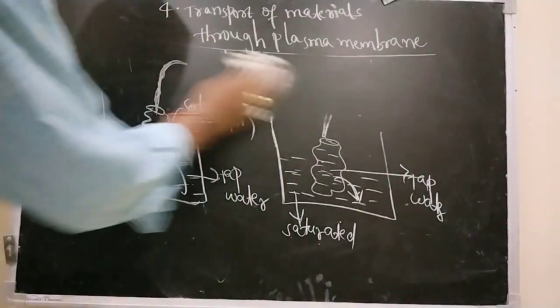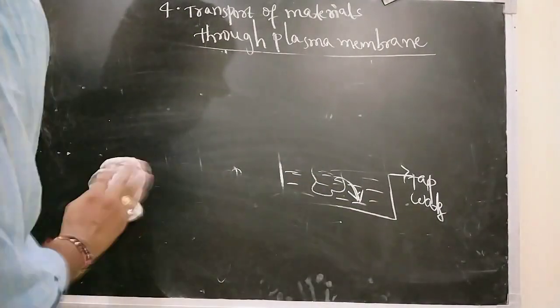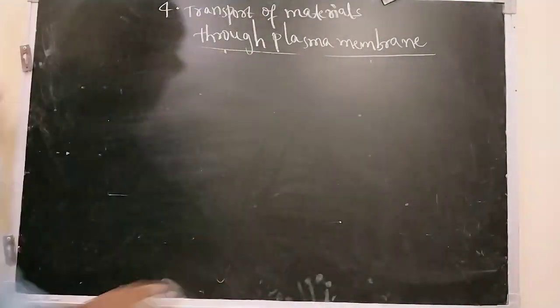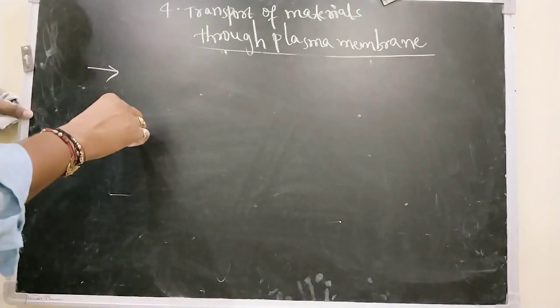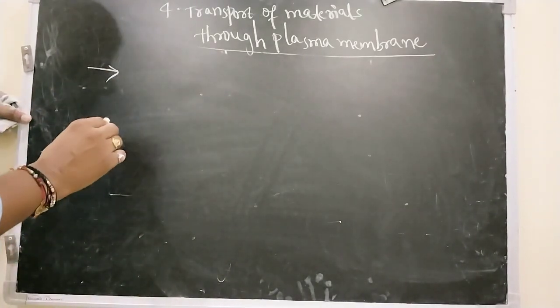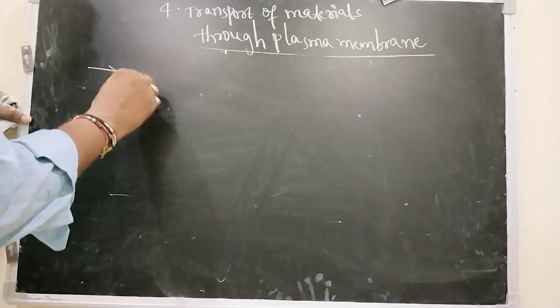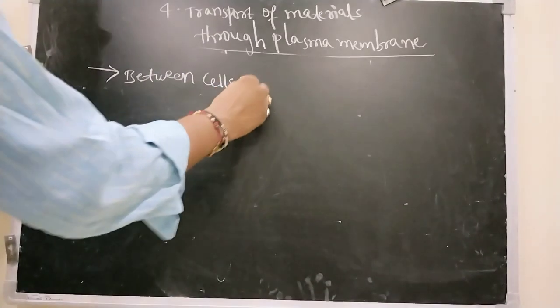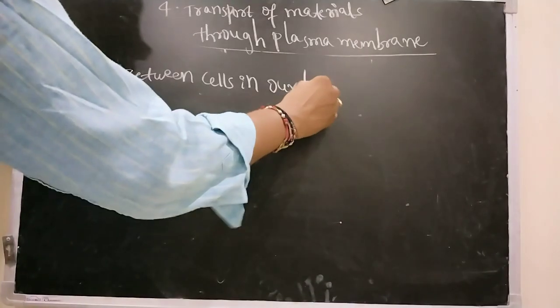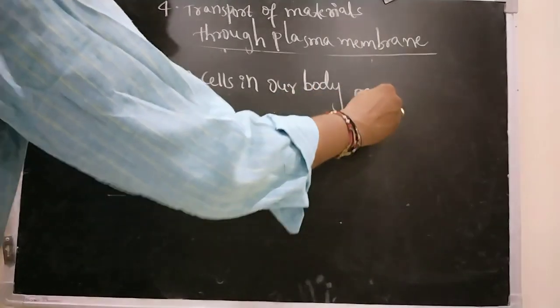So where do we use osmosis in our daily life? For example, liquids move in our body through osmosis only. Between cells in our body, the process that occurs is osmosis.